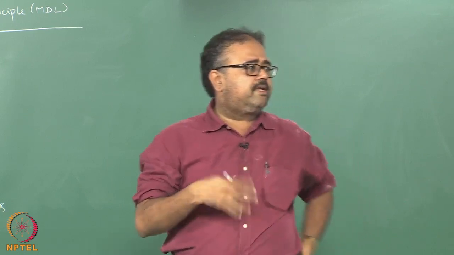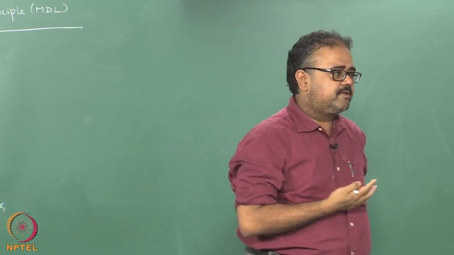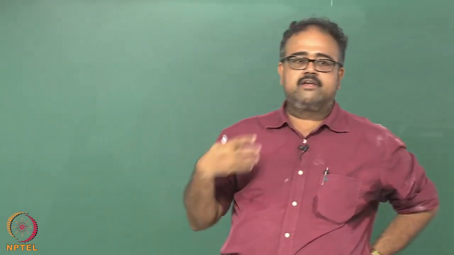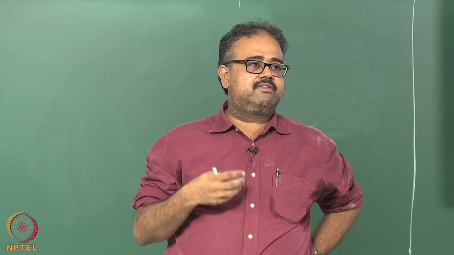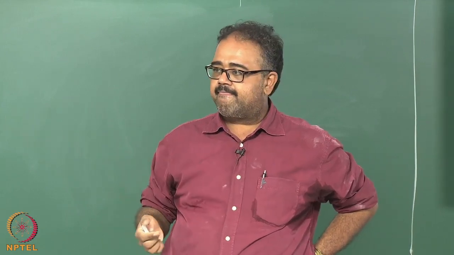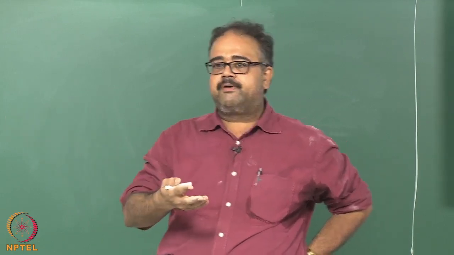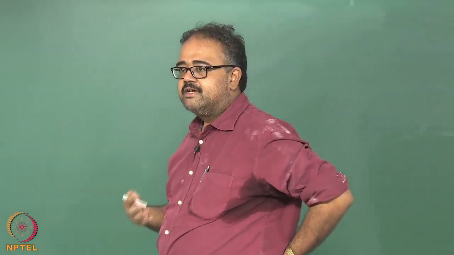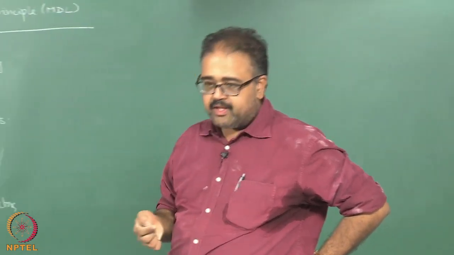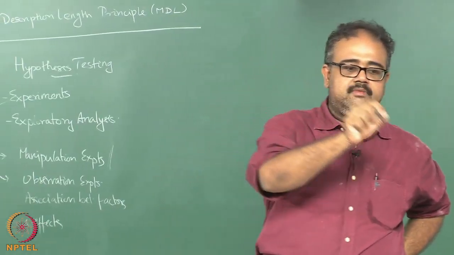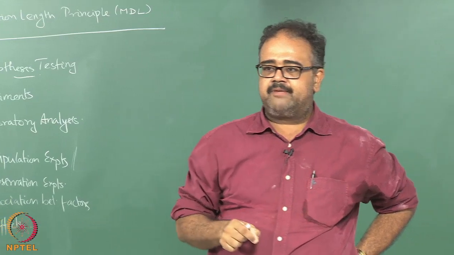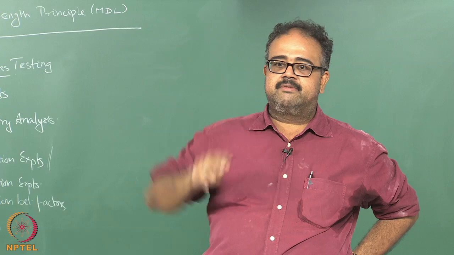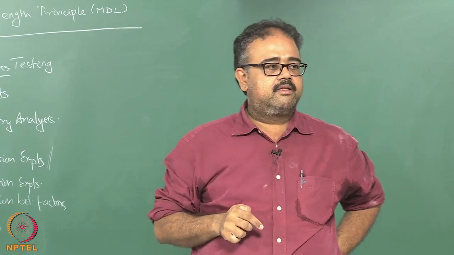Typically I set up these kinds of manipulation experiments whenever I want to test a theory, a causal hypothesis, whenever I want to say that A causes B. I cannot stop El Nino from happening, that does not make any sense, but I can say something like, okay, my learning algorithm A is better than my learning algorithm B whenever the load on my system is high.